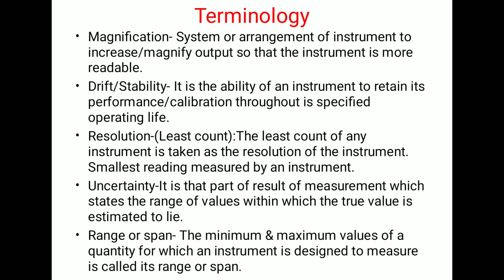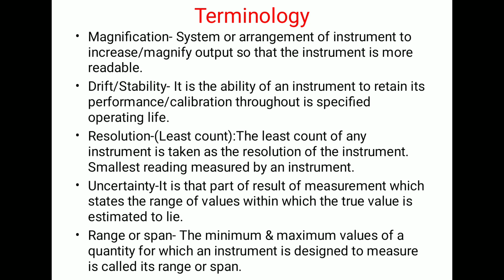The uncertainty of measurement denotes the degree of accuracy with which the measurement has been made. It is always difficult to find the true value of the quantity to be measured. Hence, instead of specifying the measurement error, the range of error is specified, and that range of error is called the uncertainty of that instrument.